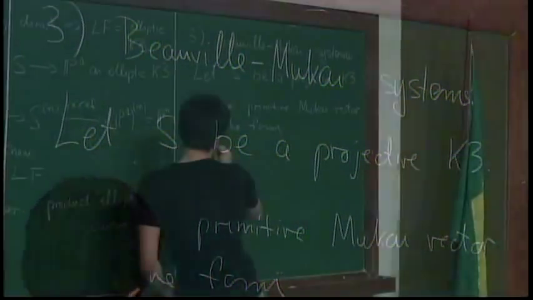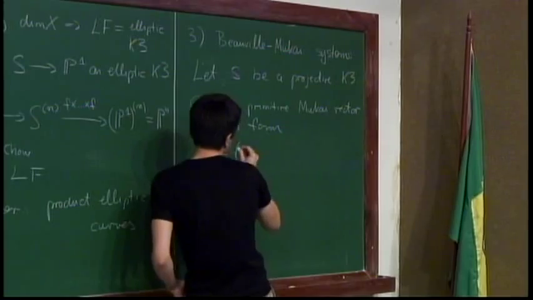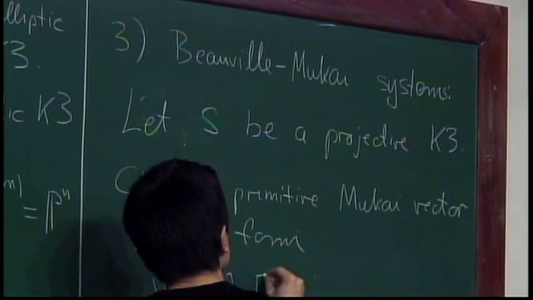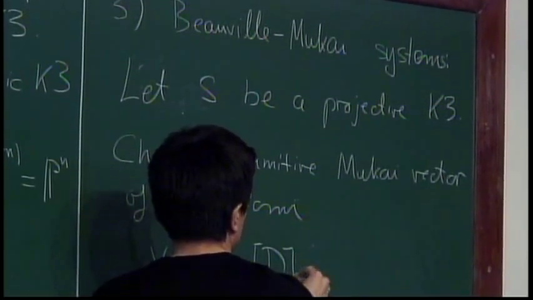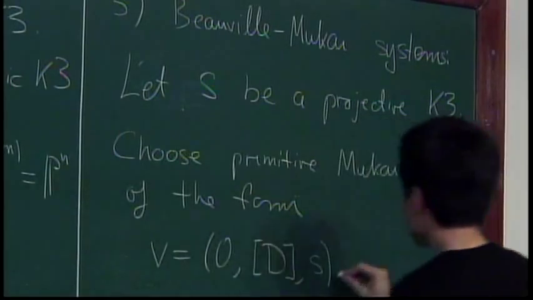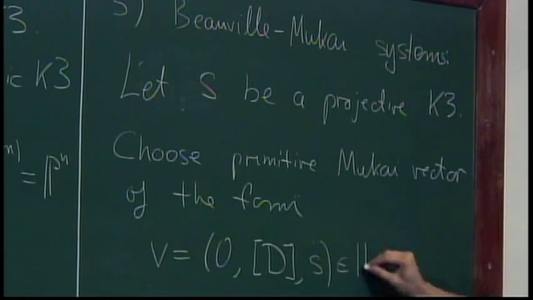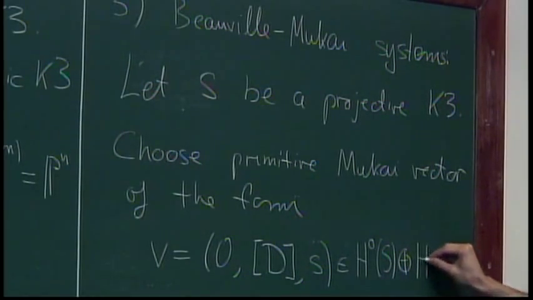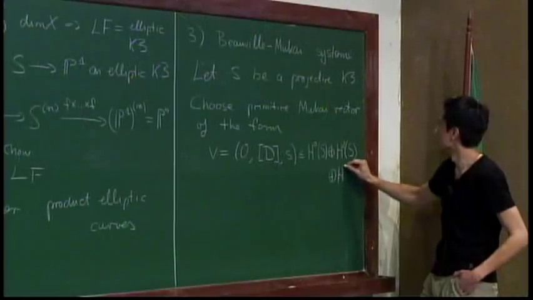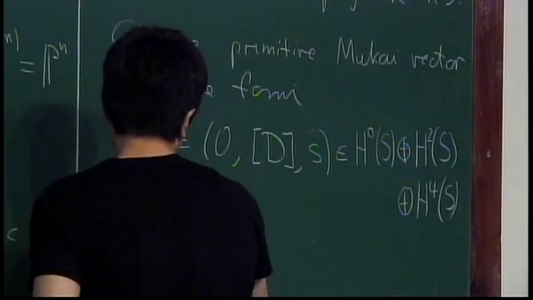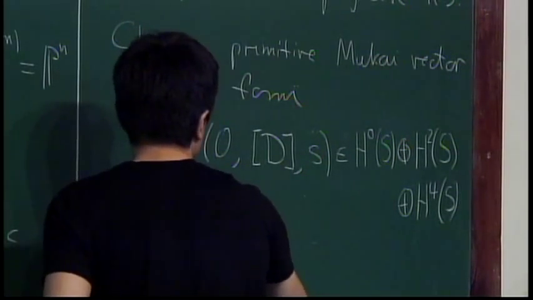A Mukai vector is always such a 3-tuple, and here we want to have 0, here we want a divisor D, and here any number. This is just an element of H^0(S) plus H^2(S) plus H^4(S). And I want that D is nef.